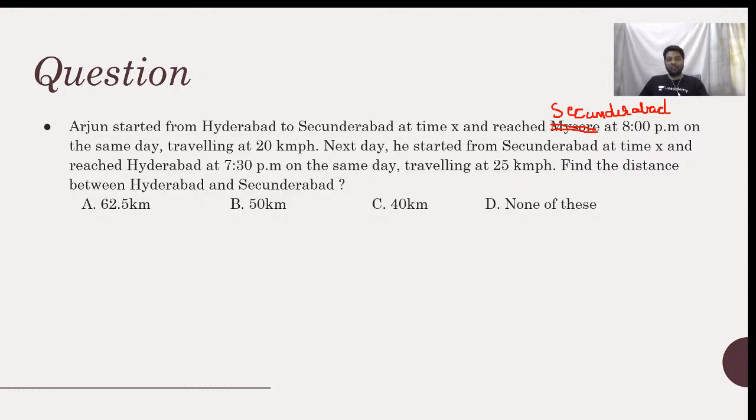Next day, he started from Sikandrabad at time X and reached Hyderabad at 7:30 p.m. on the same day, traveling at 25 kilometers per hour. Find the distance between Hyderabad and Sikandrabad.